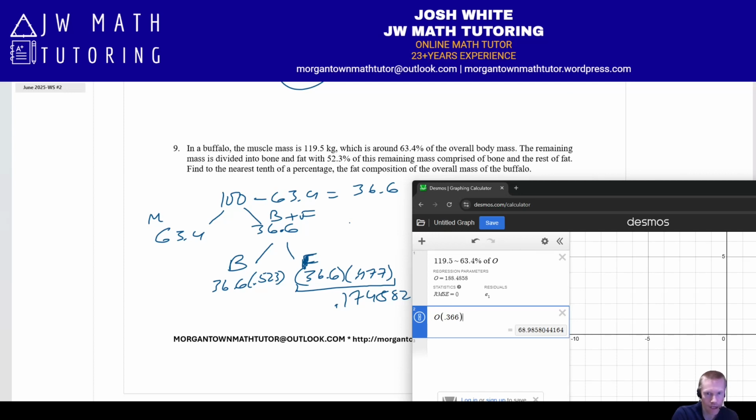Now, in order to get the mass of bone, what we have to do is take this, and I'm just going to get the bone mass, I'm going to multiply it by 0.523.